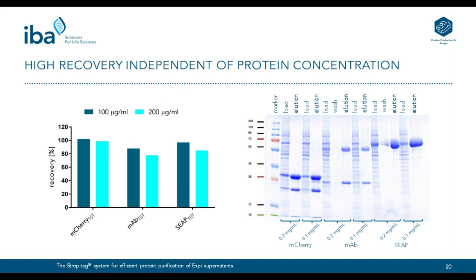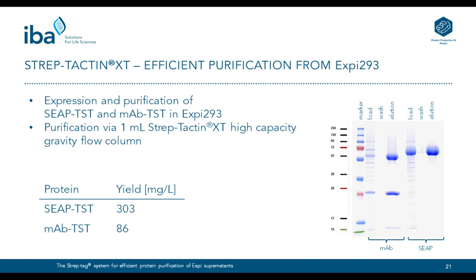And not very surprisingly, the purity of the proteins was very high again for all concentrations, as you can see on the gel here on the right side. So I think these results showed you that the STREPTACTIN XT Twin-Strep-tag system is very efficient in the purification of proteins from Expi 293 supernatants.